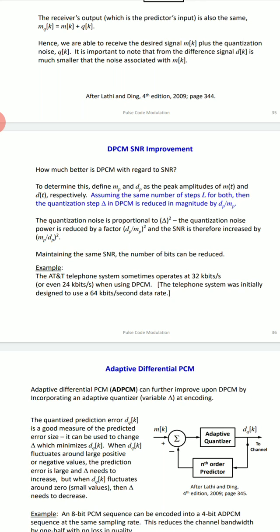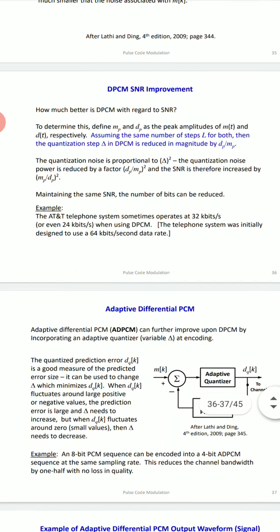The quantization noise power is proportional to delta squared, so it is reduced by the factor (dp by mp) squared. So the SNR increases by the factor (mp by dp) squared.